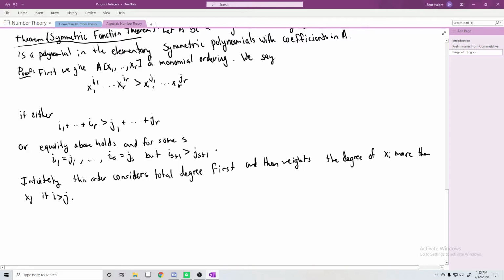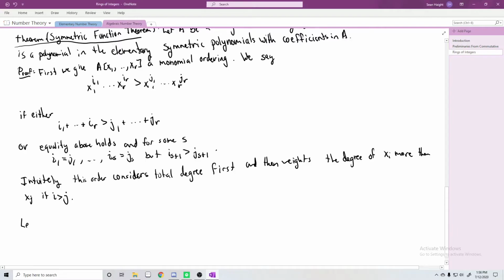Okay, so this essentially is a total order on the collection of monomials in r variables. Okay.